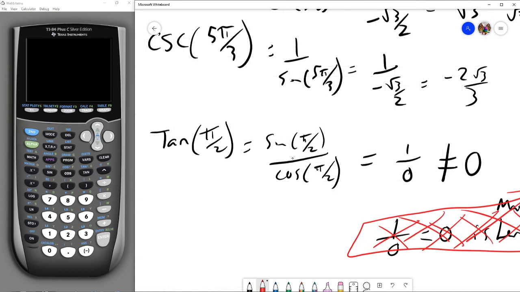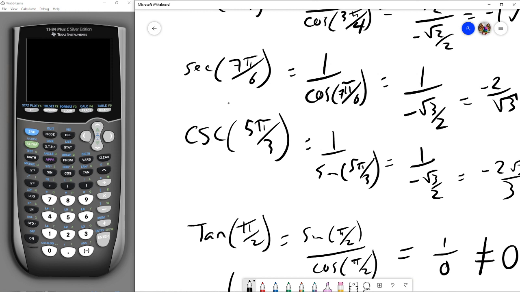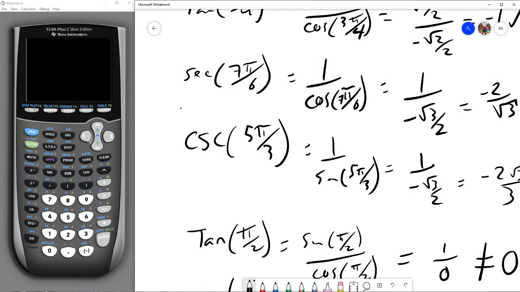Instead, in this situation, since you cannot divide by 0, this tells us that tangent of pi over 2 is undefined. So for these 4 trig functions here, tangent, cotangent, secant, cosecant, since they either have an x or a y in the denominator, at some point x and y is going to equal 0.